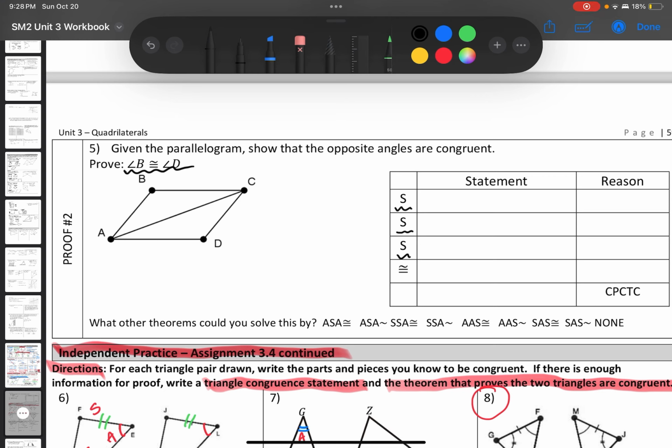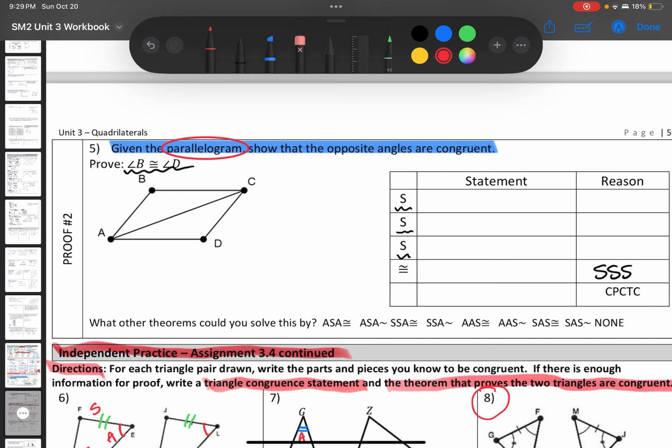That means we want to show that these two triangles are the same by side, side, side. Here's another hint: given the parallelogram, show that the opposite angles are congruent. I like this because it tells me that this is a parallelogram.